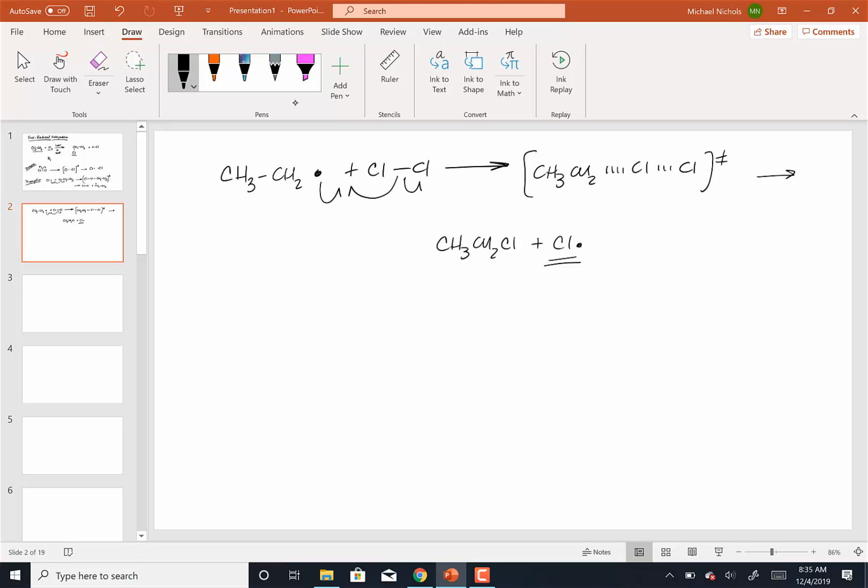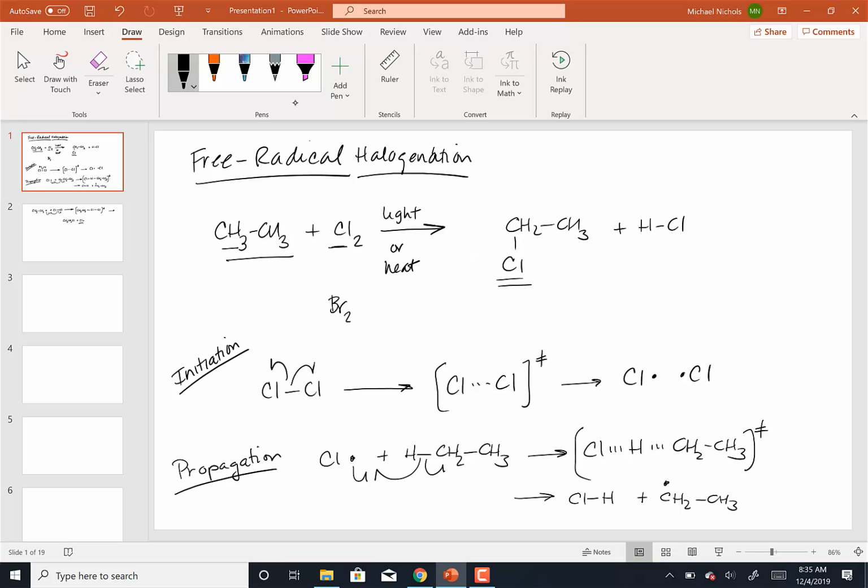So here's the thing. In a free radical mechanism, not all the chlorine-chlorine bonds break. All it takes is one chlorine atom to break apart, and I now made two chlorine atoms.